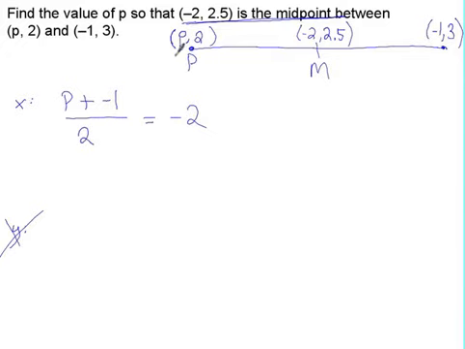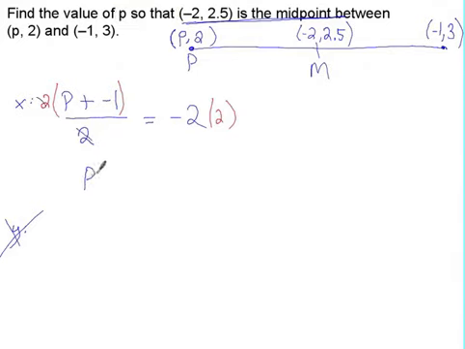So again, how did I set this up? P goes with the minus 1. Those are the two x-coordinates. So p and negative 1. Halfway, the midpoint, right? Halfway, so divided by 2. And the answer is given with the midpoint of minus 2. We can multiply both sides by 2 to clear the fraction. 2 divided by 2 cancels.